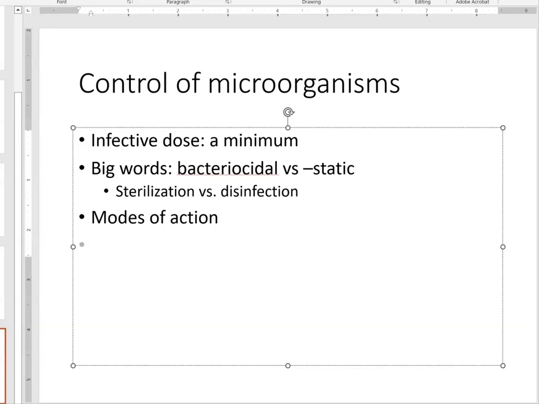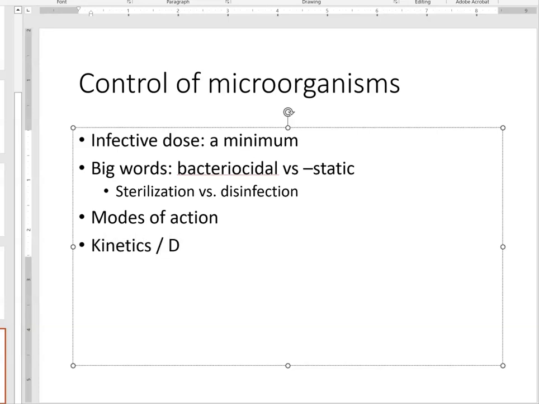Like heat damages every protein in a cell versus an antibiotic that interferes with one enzyme in a cell. Let alone all the structural proteins or all the signaling proteins that get ignored by an antibiotic. Heat damages all of them. So it's very different.